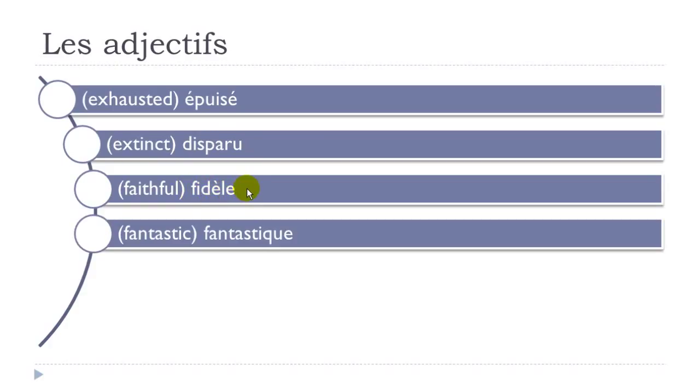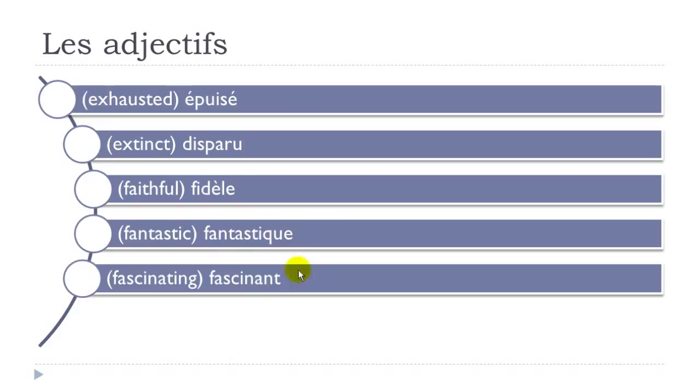Fidèle. Fantastique. Okay, Q-U-E at the end, K. Okay, tic. Fantastique. Fantastique. Fascinant. Final T not pronounced, so you get this A-N. En, non, fascinant.